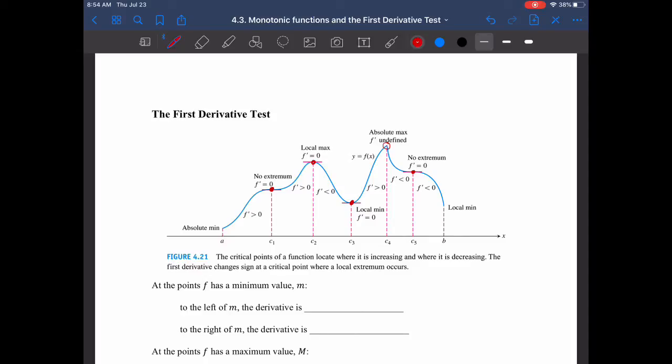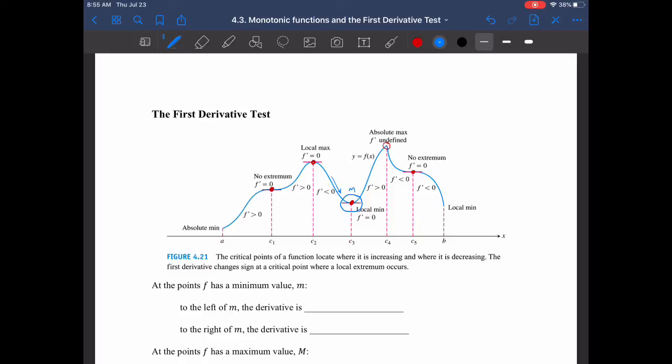At the points F has a minimum value, m. Minimum value, that really only happens for us right here. This one minimum value here, let me change colors, that happens right here. To the left of m, to the left of this value, we have all negative slopes.